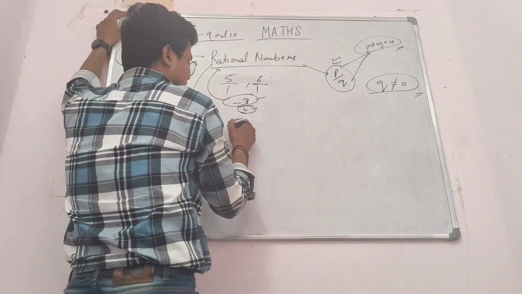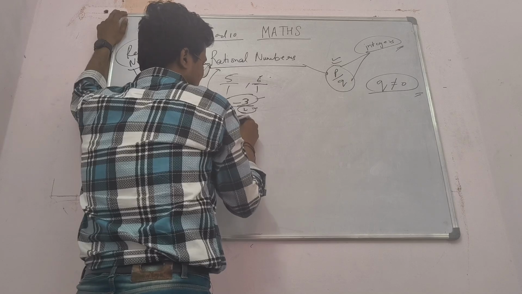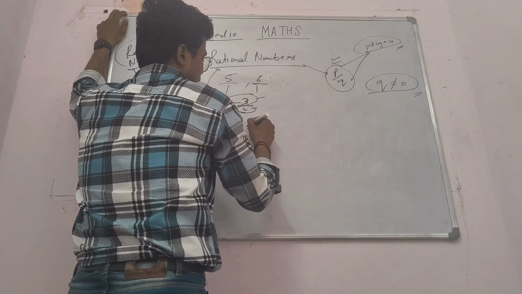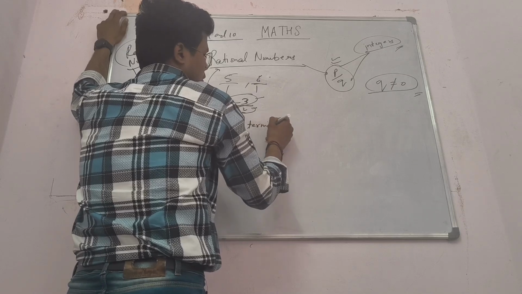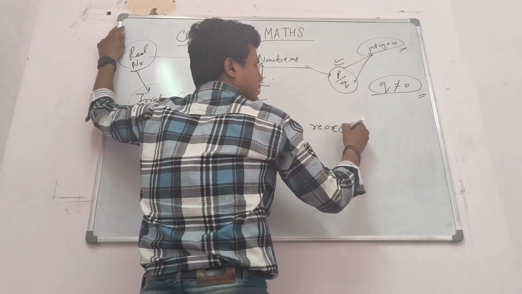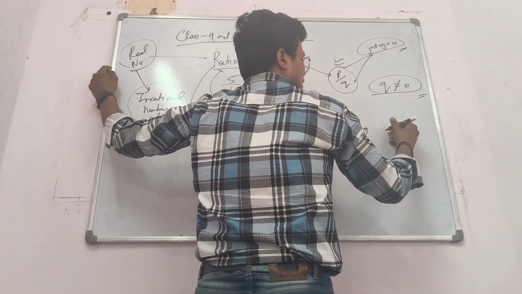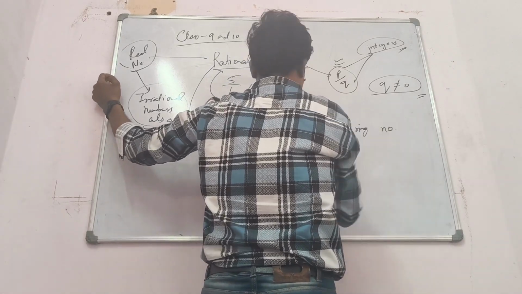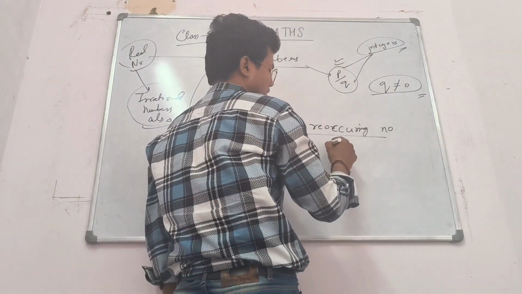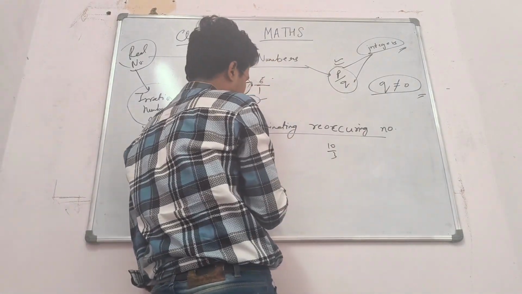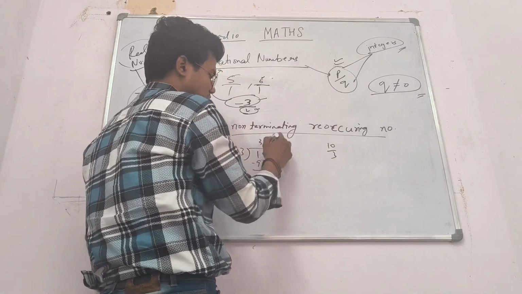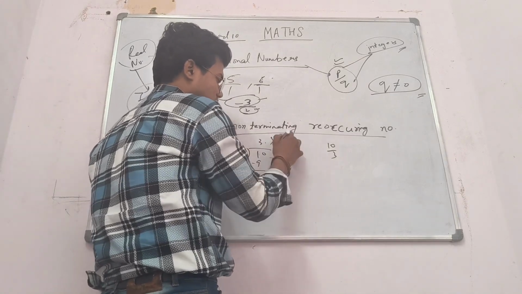Another definition is that these are non-terminating or recurring numbers. Suppose you have 10 upon 3, and you are dividing 10 by 3. 3 3 is 9, you are getting 1 point 0. 3 3 is 9, 1 0 again.